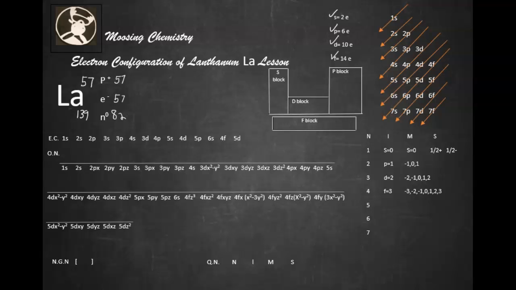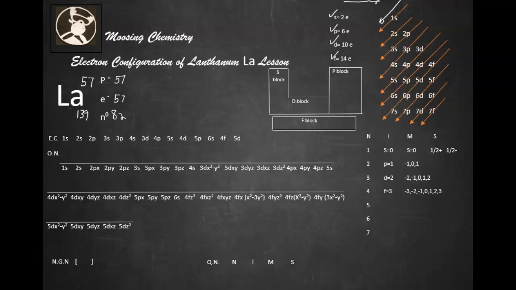We're using the Aufbau principle, which clearly states that we're going to put electrons in the lower shell first, and then we fill as we go up the levels, right? And we're going to use this by doing the diagonal rule. The diagonal rule is a really great way of doing things. You just follow the red arrows right here until you run out of electrons. We got 57 of them, so let's go ahead and get started.